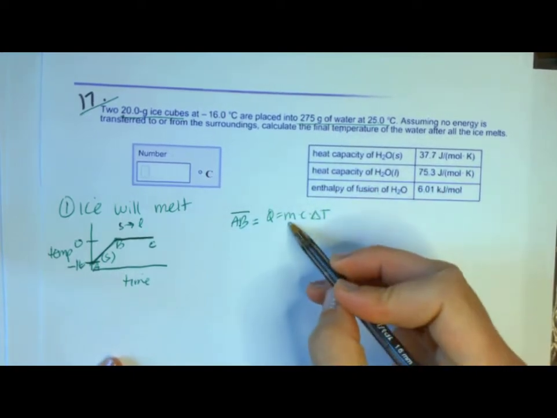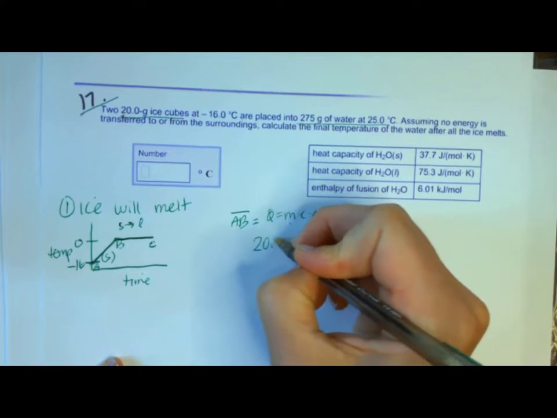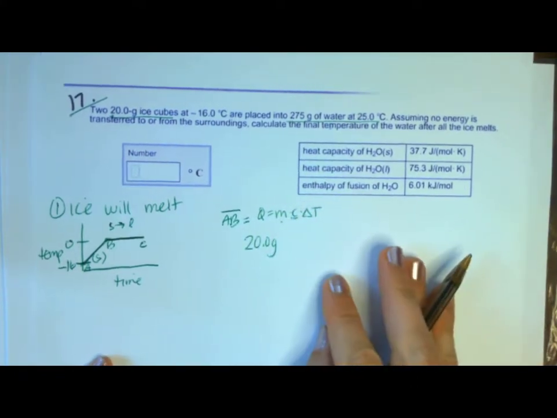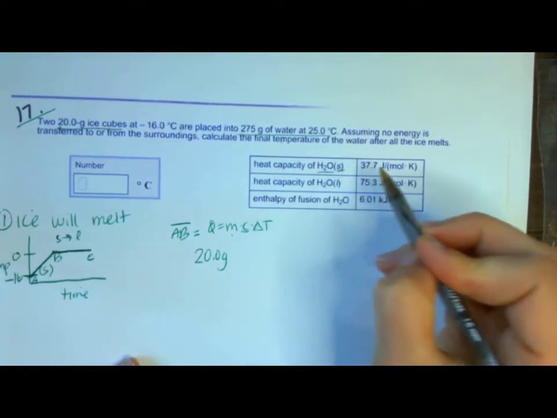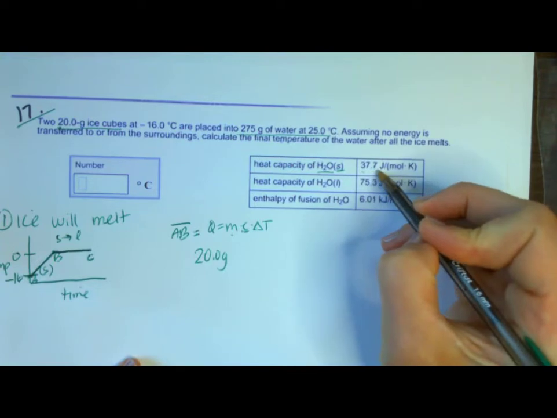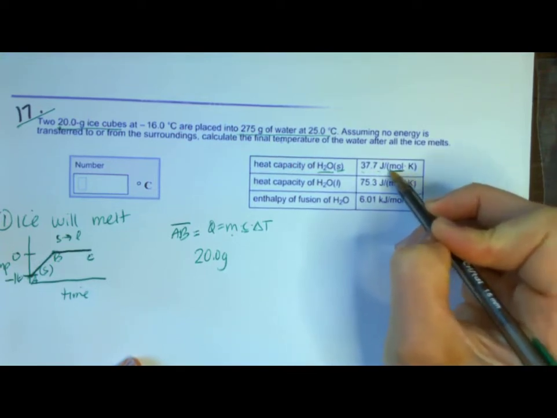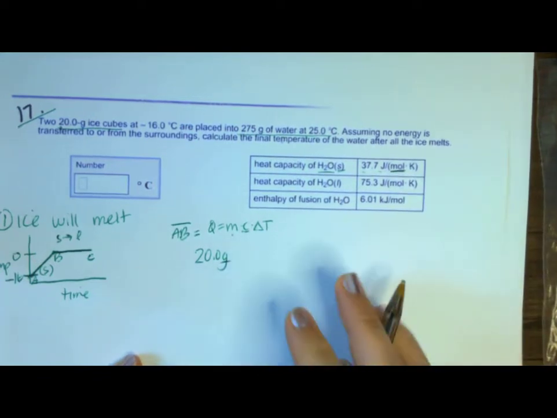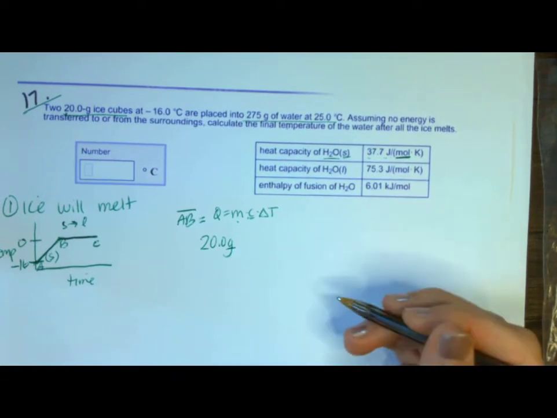So let's look at our mass. We have 20 grams. And let's look at our specific heat of solid H2O. Notice that it's 37.7 joules per mole Kelvin. Because this is in moles instead of grams, we need to get our grams to moles. That's just a simple grams-to-moles conversion using the molar mass.